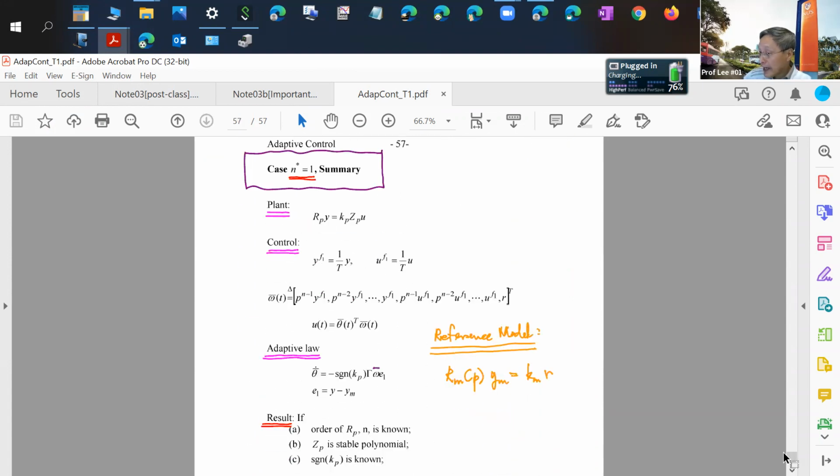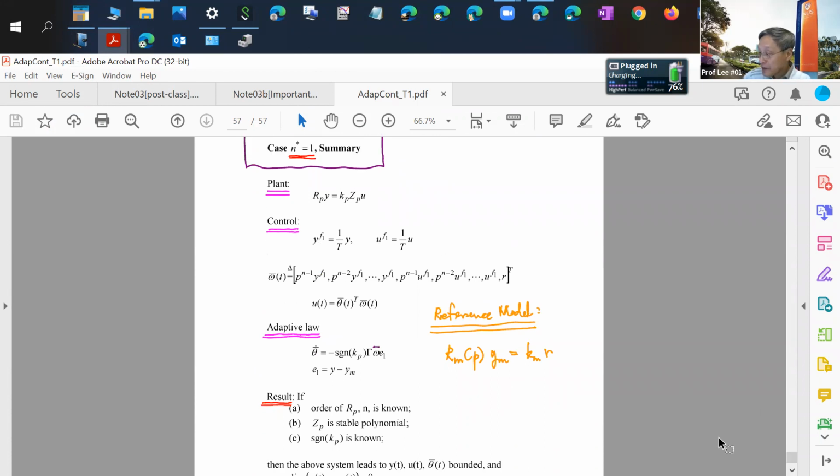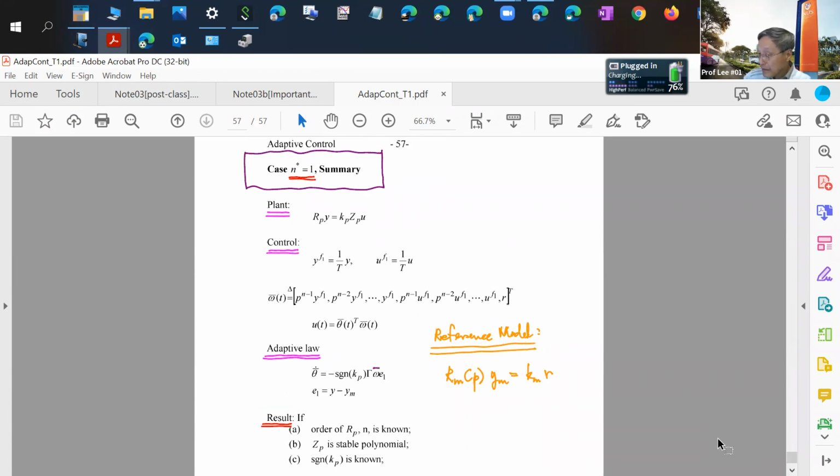For this first part, because we have to develop the adaptive controller, the adaptive law, based on the stability analysis using strict positive realness, this particular adaptive law is valid only for relative degree 1 cases.